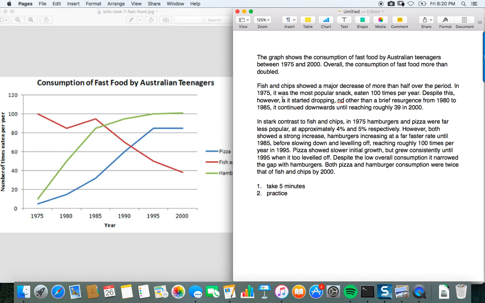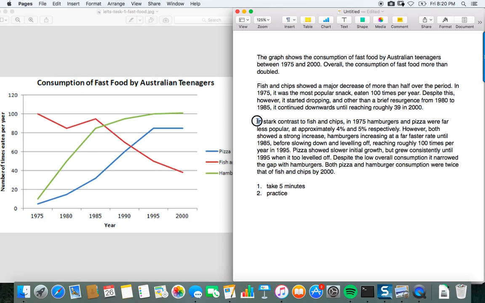And other than a brief resurgence from 1980 to 1985, it continued downwards. So again, trend followed by data, reaching roughly 39 in 2000. Okay, so again, trend followed by data. All right, that's really important. Trend, data within your sentences.